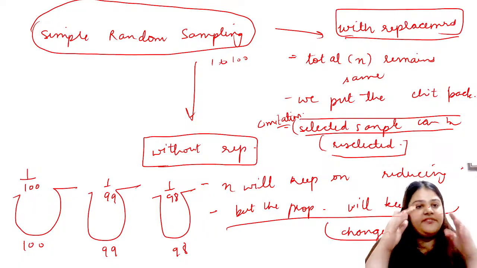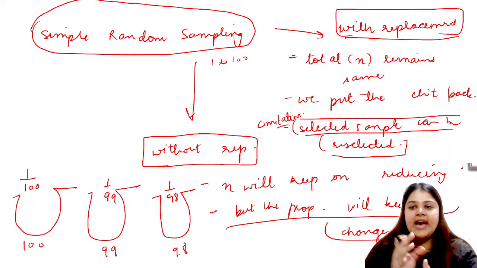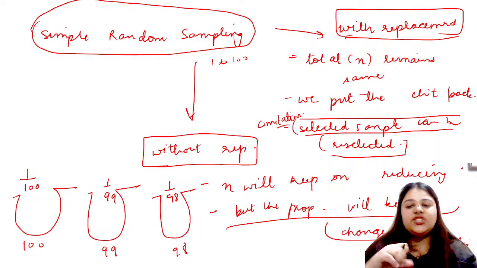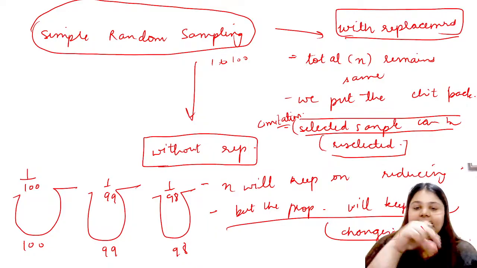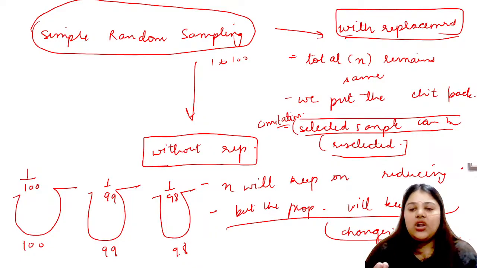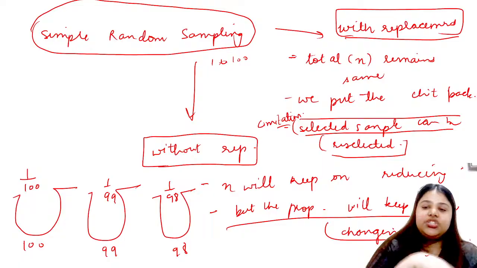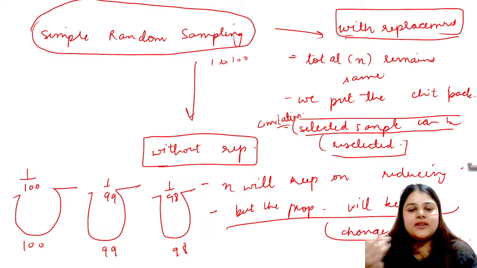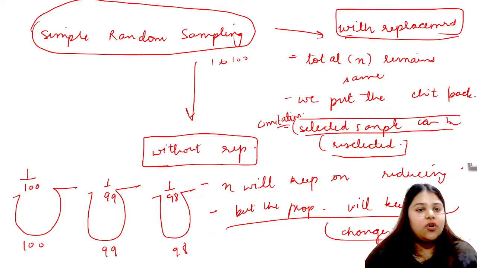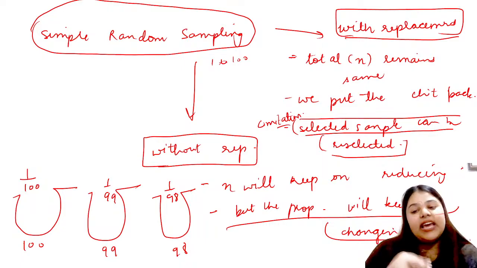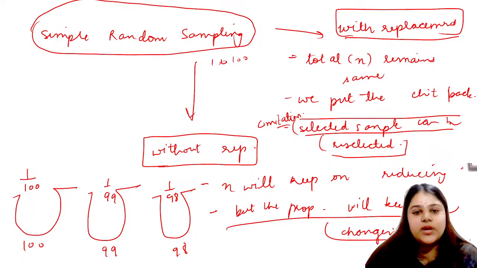For example, if I have this fish bowl and I have put the chits of all the students who are there in the class, and I take one chit and call out the name of the person and then put the chit back, then draw another chit, then draw another chit, etc. So what happened? There are chances that the same student can be called out one more time, which is not what we want, right? Ideally. So that is one issue. Apart from that, that is well enough.